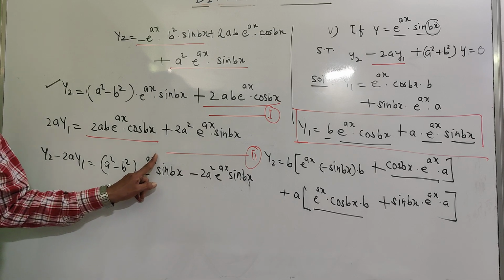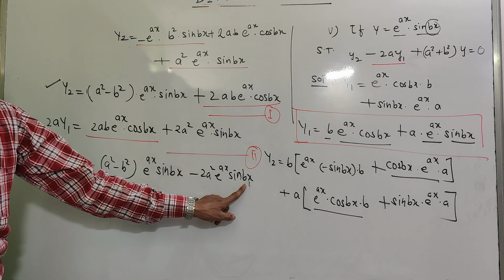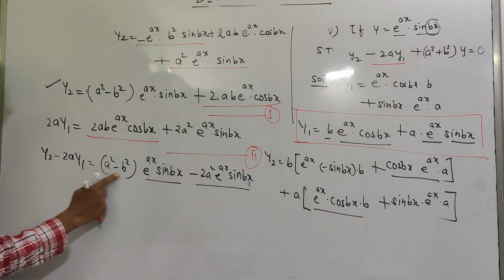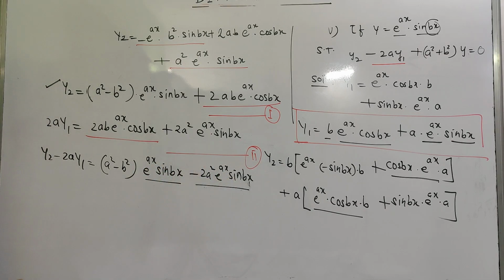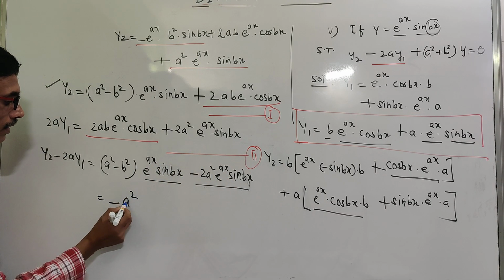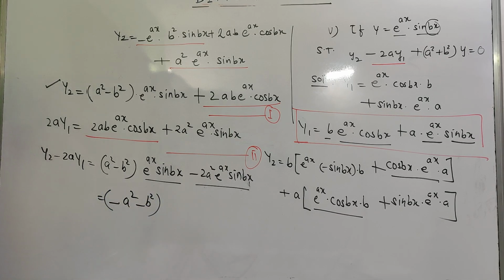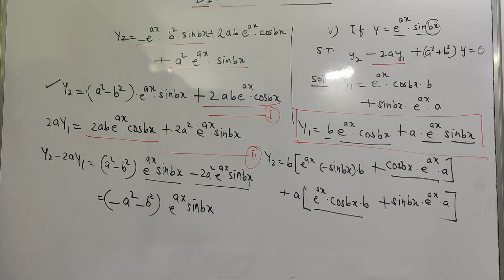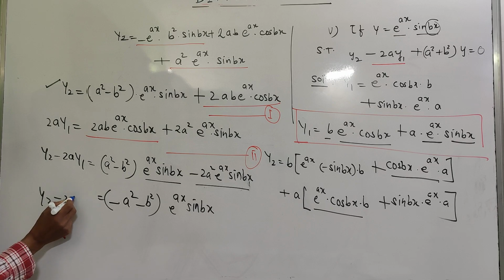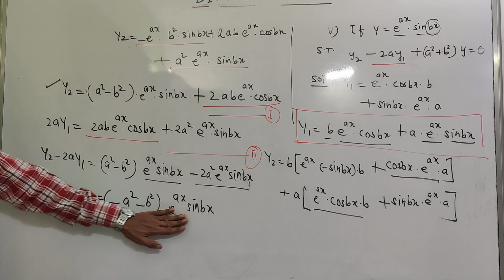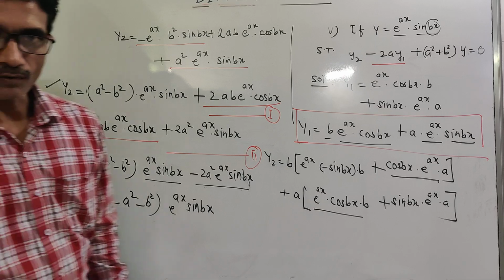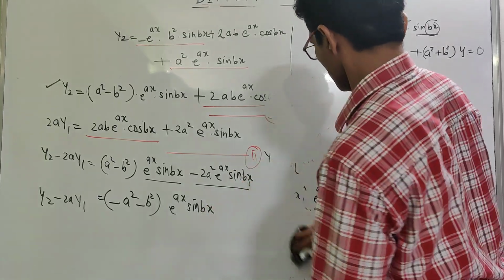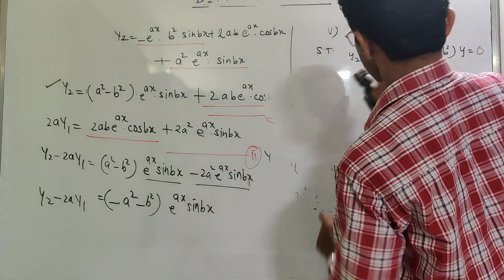From a square e raised to power x sin bx minus 2a square e raised to power ax sin bx, ये और ये कैंसिल कर सकते हैं हम, a square into this and minus 2a square into this. So this will be minus a square minus b square into e raised to power ax sin bx. और लेफ्ट हैंड साइड इज y2 minus 2a y1. अब ये टर्म हम लेफ्ट हैंड साइड में लेंगे, सो दैट वी विल गेट, we'll take that term and we'll be getting this required expression.